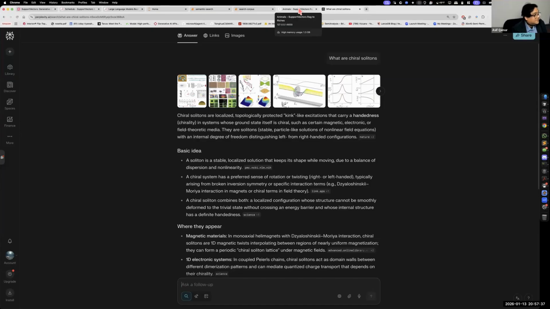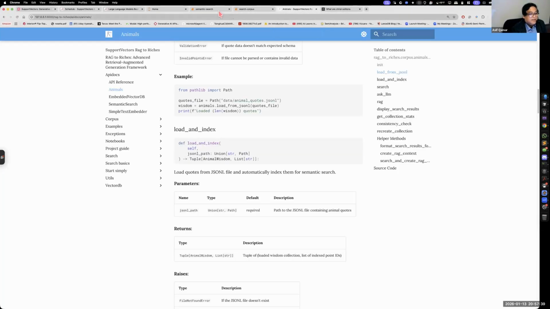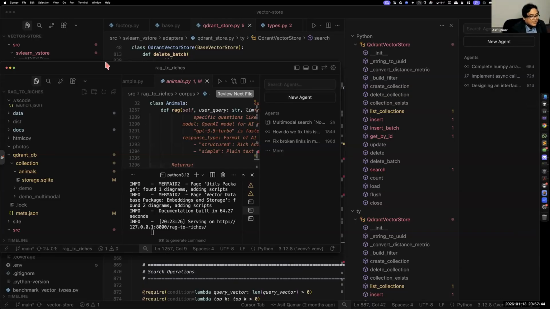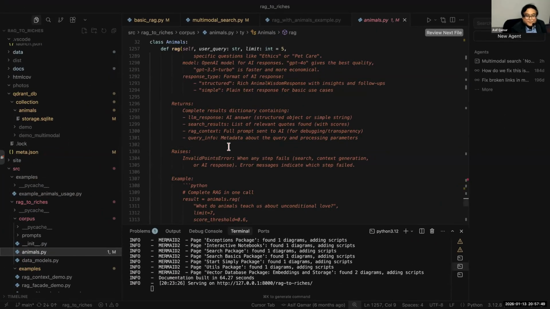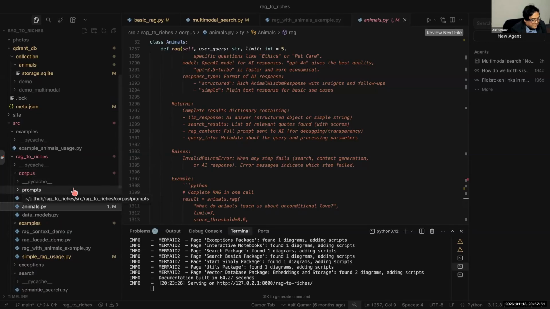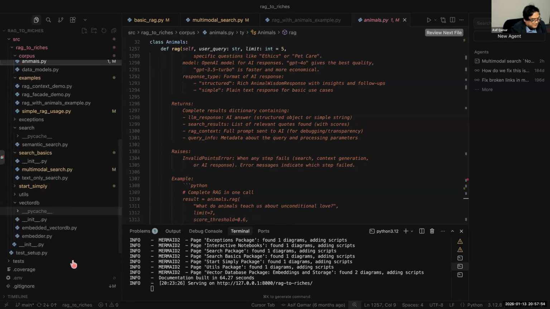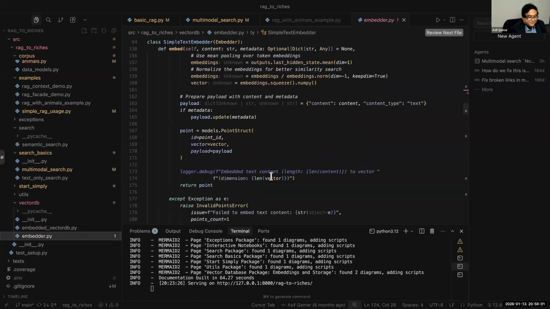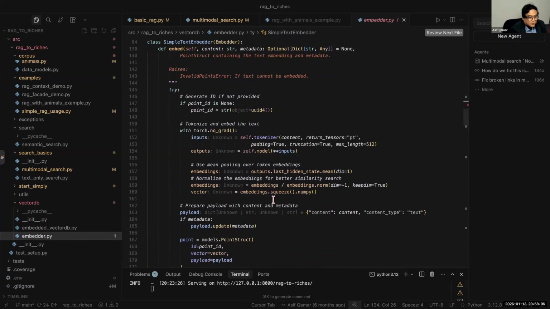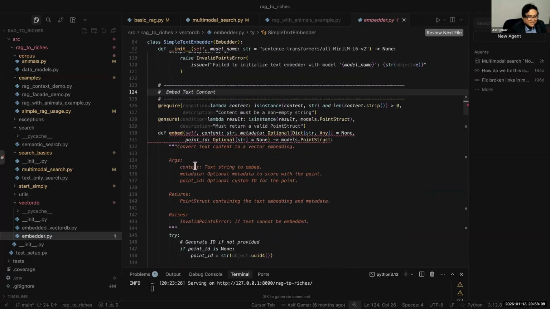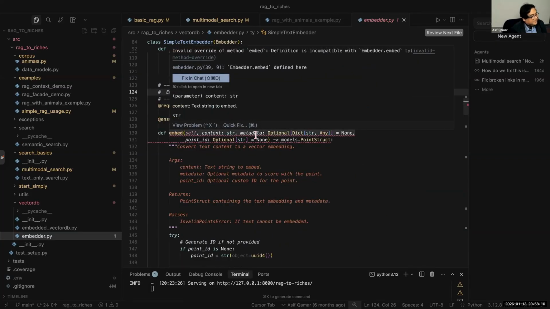When you index it, in the indexing part, in the vector DB, let's go look at the code. RAG to riches. In the embedder, let's go to the embedder. First thing is look at the embedder. In the embedder, what are we doing? There's an embed method, with content and metadata.